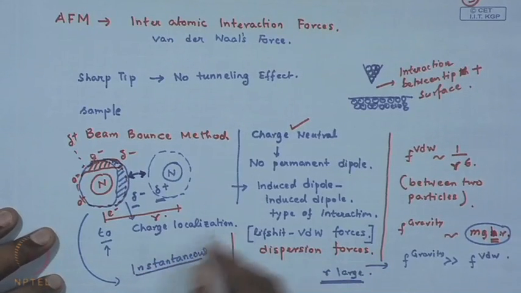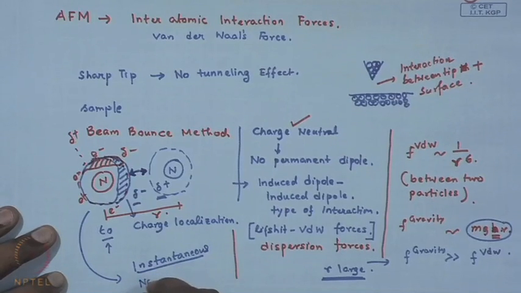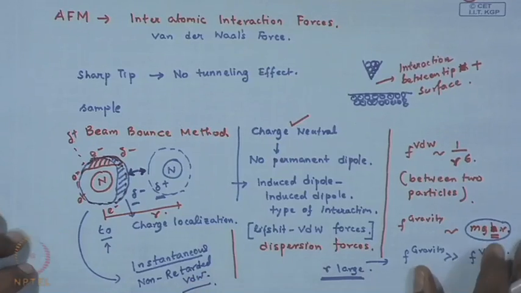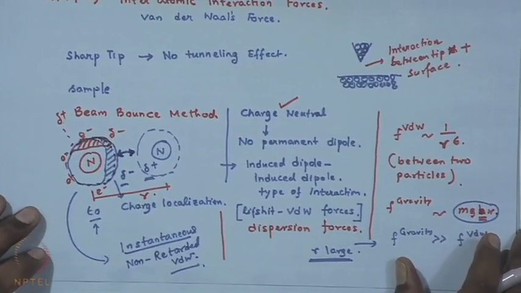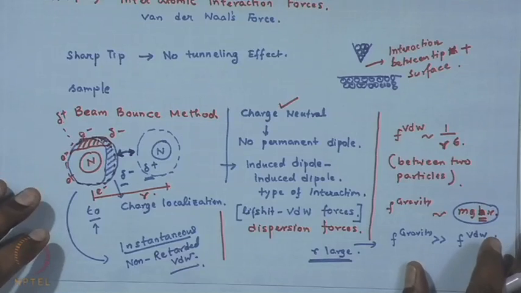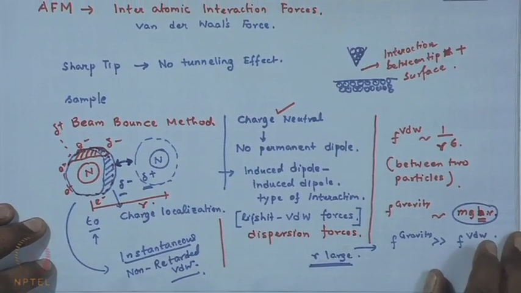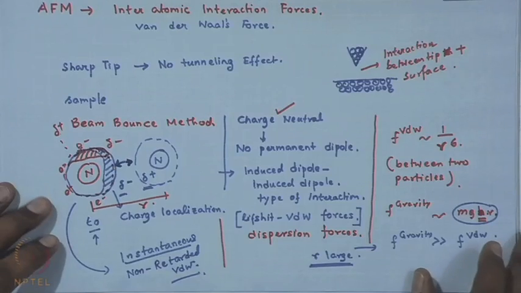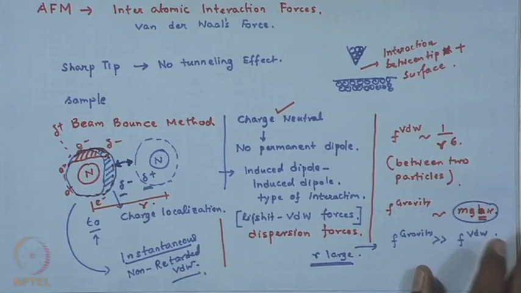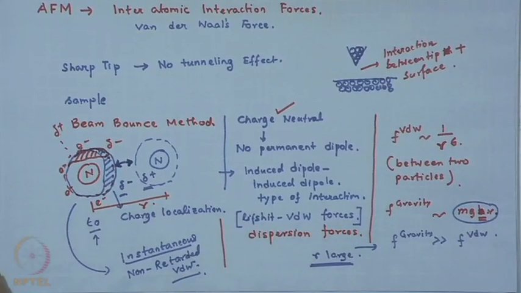And this is what is known as the non-retarded van der Waals force. But you also have something called a retarded van der Waals force, about which I suggest that you look into the internet and get an idea of what it is. It is not essentially very important for this particular course to have a very clear idea about it.